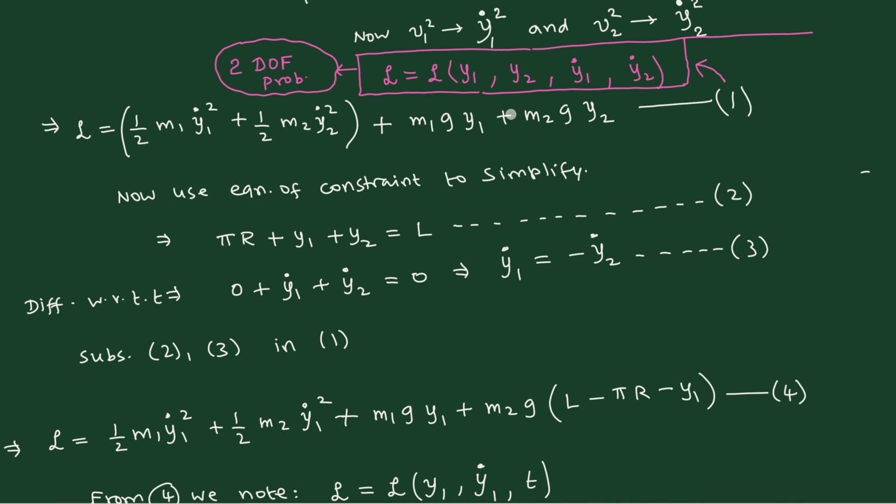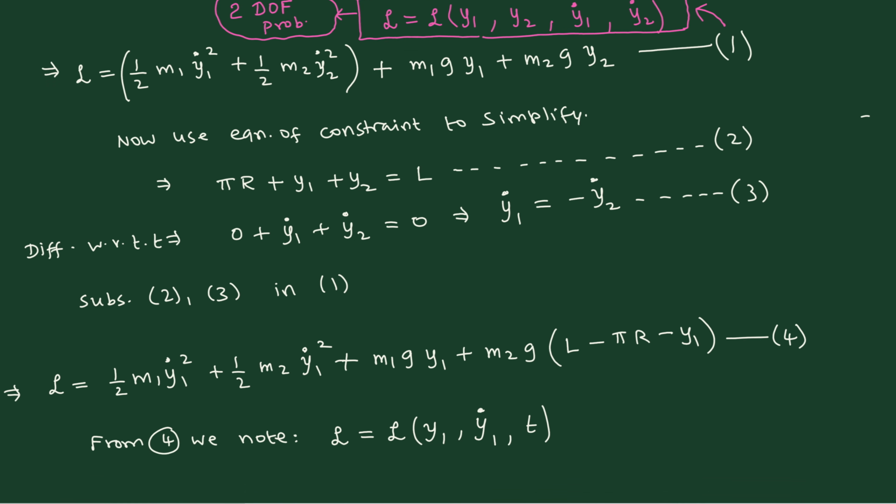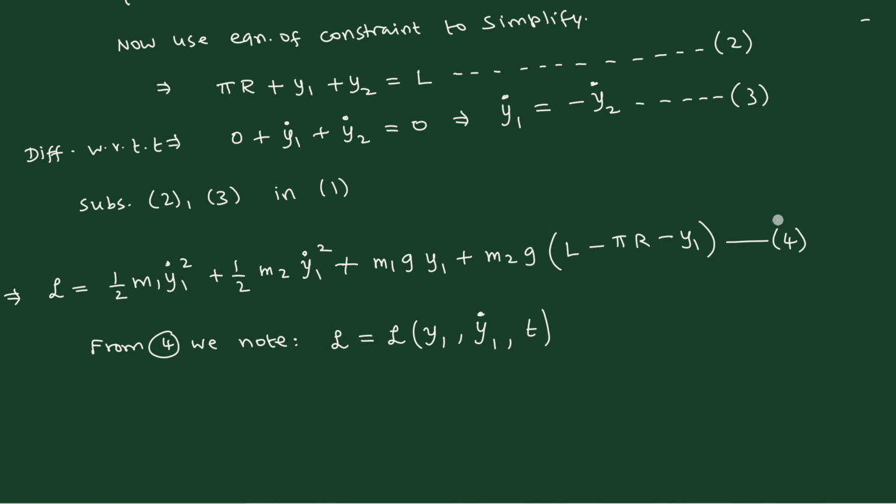But if you come down a little bit and see equation number 4, our conclusion says that this is the Lagrangian here. And from this Lagrangian, our understanding is that the Lagrangian depends on only y1.